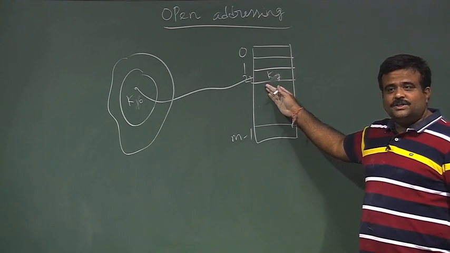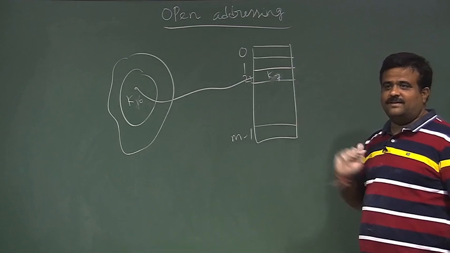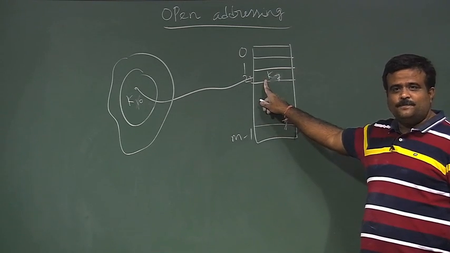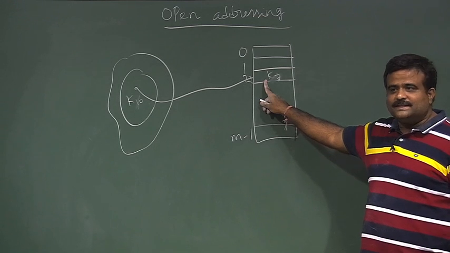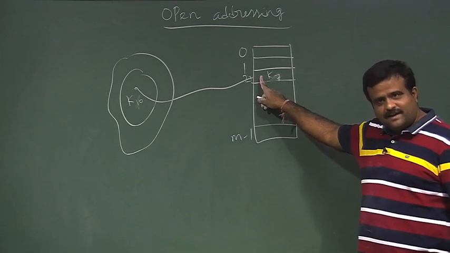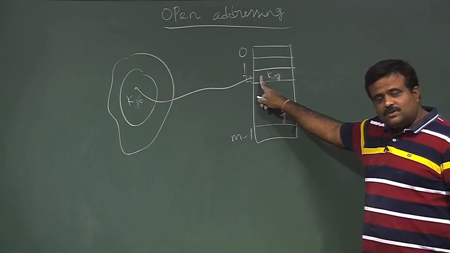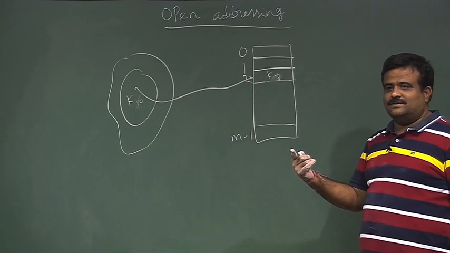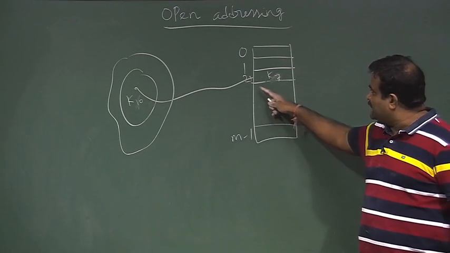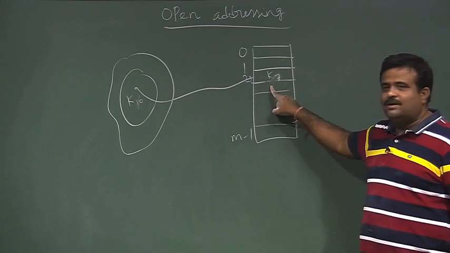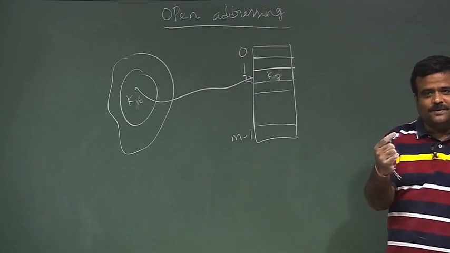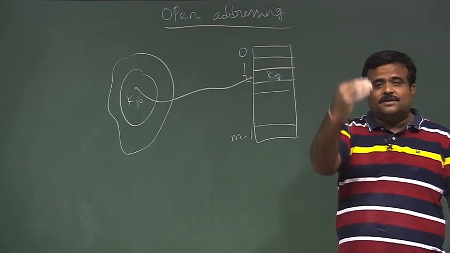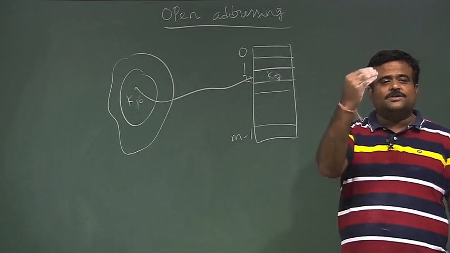So then we have to find a slot which is free. To find that slot, we cannot apply the same hash function. If we apply the same hash function, then it will again hit here. So we have to apply a second hash function, and if that second hash function hits some occupied slot, then we apply a third hash function. So this is the probe sequence. We apply a sequence of hash functions, or a sequence of probing.